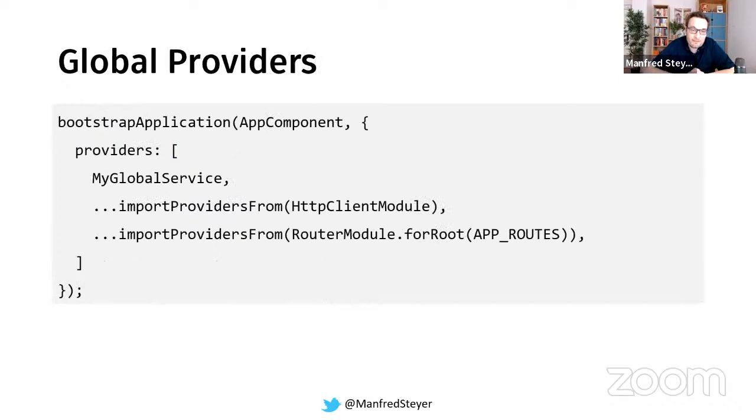By the way, sometimes we also need to get providers from existing modules. And we can define those providers directly when bootstrapping our application. When bootstrapping our application, we can define system-wide providers like my global service, but we could also use this helper function, importProvidersFrom, to get providers from pre-existing modules, like the HttpClientModule or the RouterModule.